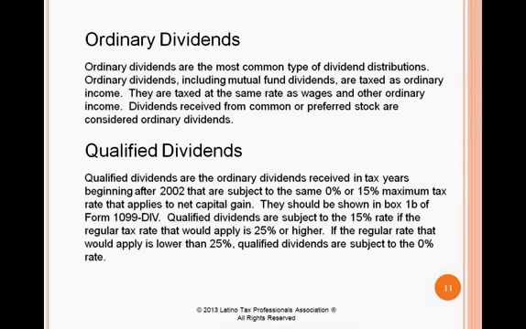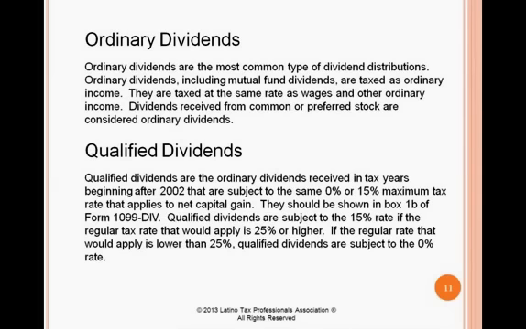Ordinary dividends are the most common type of dividend distributions. Ordinary dividends, including mutual fund dividends, are taxed as ordinary income. They are taxed at the same rate as wages and other ordinary income. Dividends received from common or preferred stock are considered ordinary dividends.